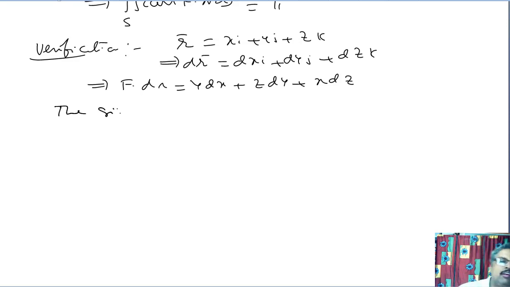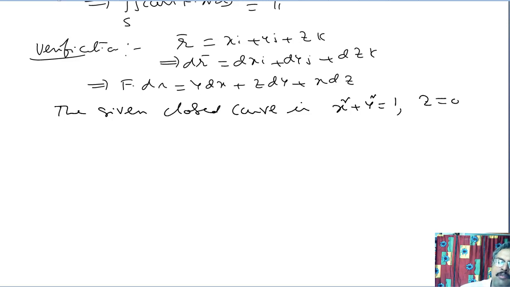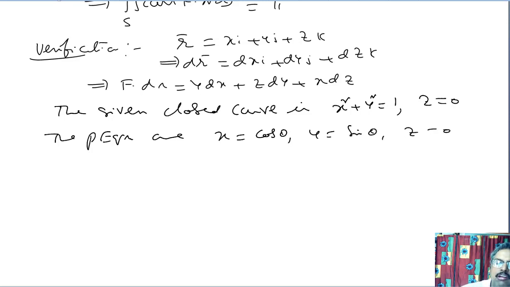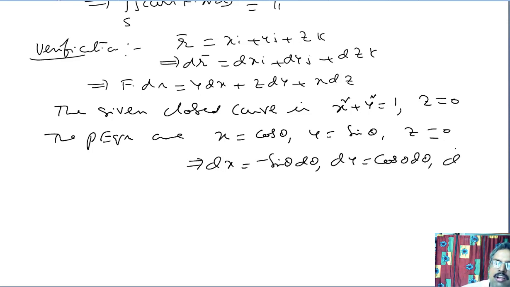The given closed curve is already discussed like our previous problem: x square plus y square equals 1, here radius is 1, z equals 0. The parametric equations are x equals cos theta, y equals sin theta, z equals 0, like your previous problem. dx equals minus sin theta d theta, dy equals cos theta d theta, dz equals 0.